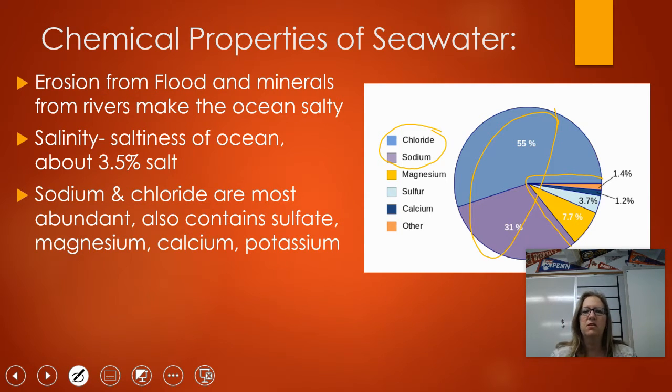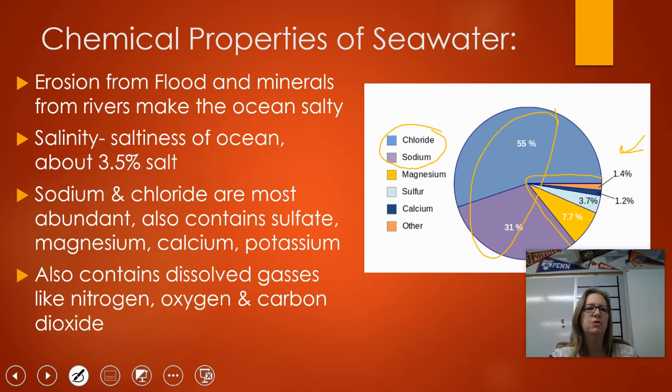But it also contains other things like magnesium, calcium, and sulfate, and all these different minerals that add to the salt content. Don't worry about those amounts on here. They're slightly different than the amounts that they show in the book on page 317. Just know that sodium and chlorine are the main salts of the ocean.